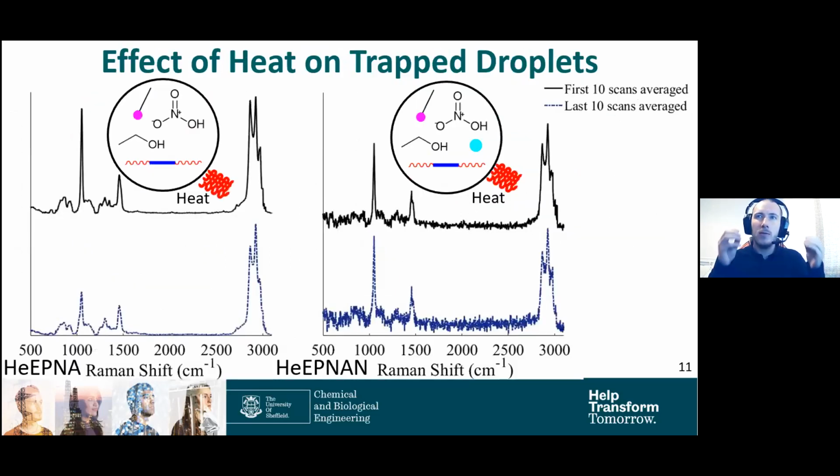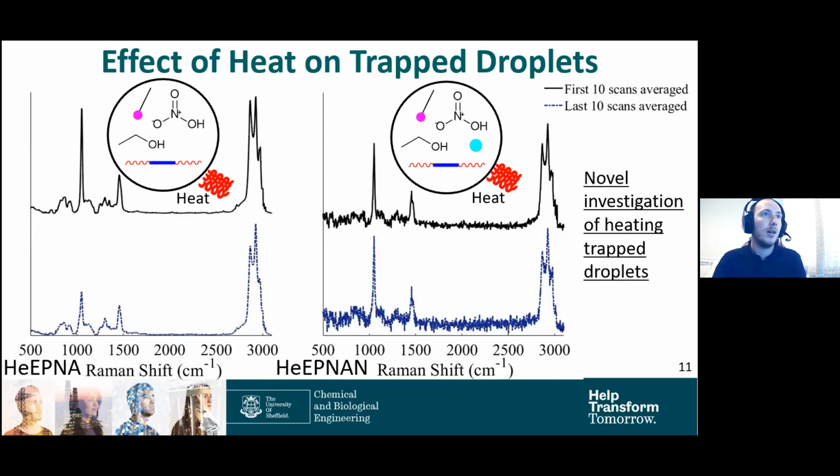Now we're looking at the really true representation of the aerosol-assisted sol-gel synthesis flow tube, because we've added heat to the equation. So this is really a novel investigation into the early heating of trapped droplets. What's most interesting is we see the opposite behavior. If you remember for the one without nickel nitrate before, the only peaks to decrease were the CH associated peaks, whereas here the CH associated peaks aren't decreasing, and the aluminium nitrate peak is the only peak to decrease.